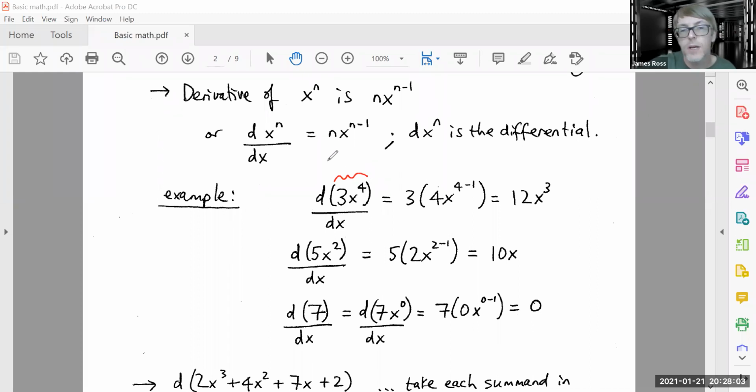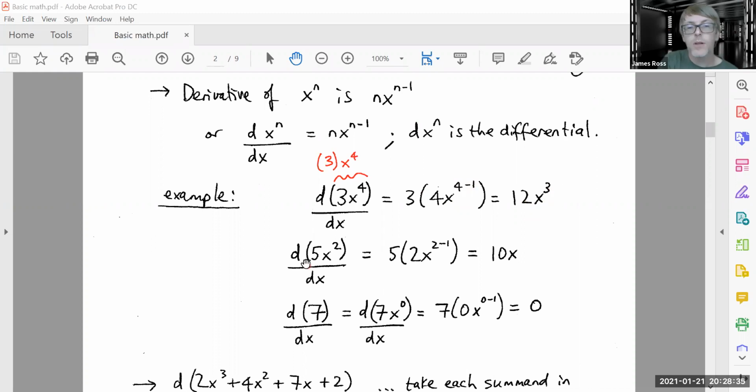It doesn't apply to the 3. So we could isolate the 3 as a constant, and then we have x to the 4th power. So abiding by our rule here, we take the 4th power, we make it a coefficient, and then we raise x to the 4 minus 1th power. So it's 3 multiplied by 4, x to the 4 minus 1, which is just 12x cubed.